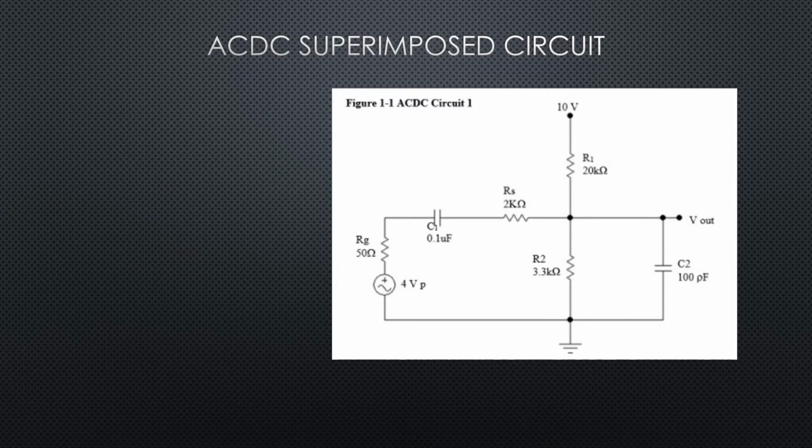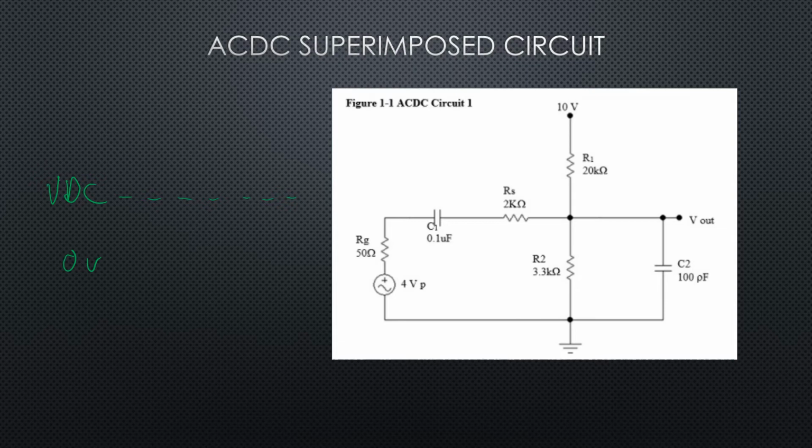So now that we have our DC and our AC voltages calculated at midband, we know that the AC signal is going to be superimposed on the DC. So if we've got a DC voltage, let's say we get 0 volts right here, we've got some VDC here that we calculated.